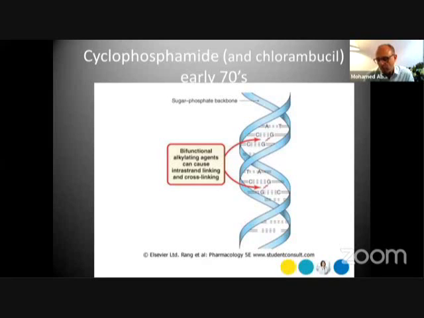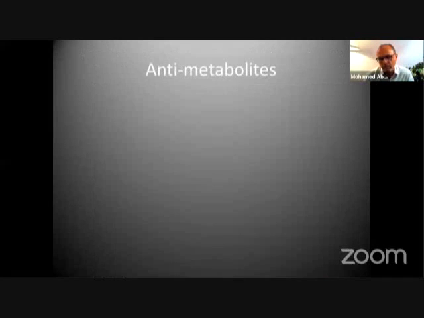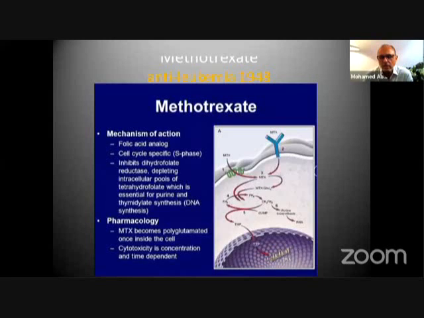Cyclophosphamide is being used up till now, especially in vasculitis, ANCA-positive vasculitis to be more specific. And then in the next step, they discovered the antimetabolites. In the late 50s, the scientists found that folic acid is essential for DNA synthesis, and therefore they tried to develop a drug that will antagonize folic acid and thereby prevent DNA synthesis.